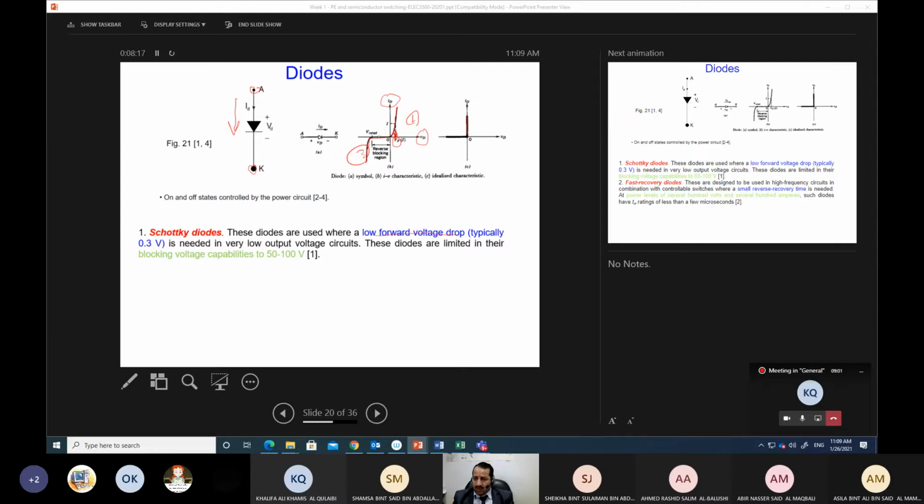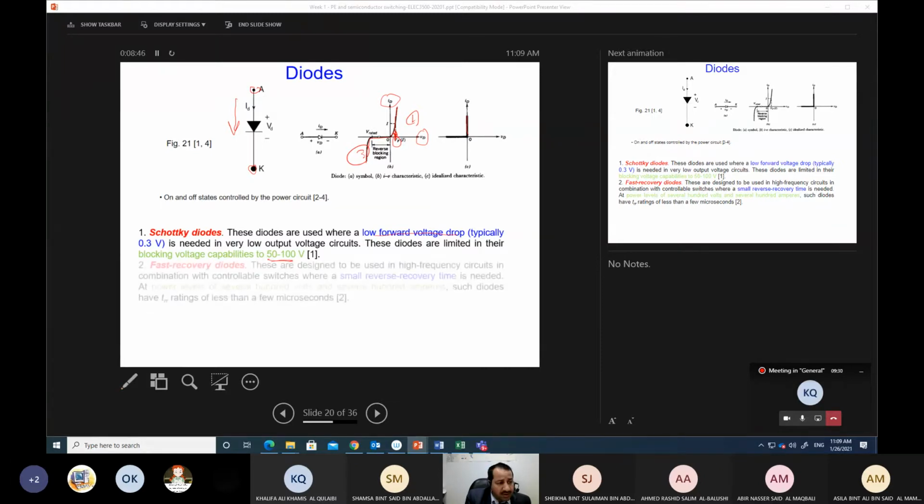If the voltage drop is high and the circuit voltage is small, then the losses will be high, and it's not preferable to use this type of diode. It's preferable to use a small voltage drop diode in a small voltage circuit. Also, its voltage capability is small, as you can see here, between 50 to 100 volts.